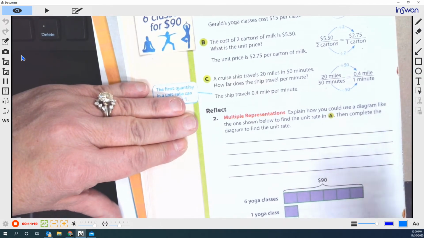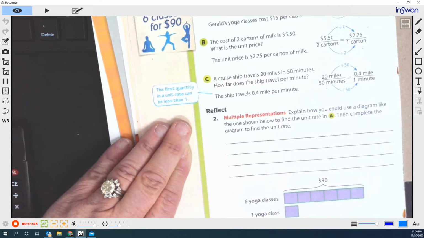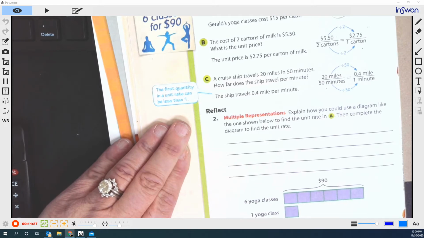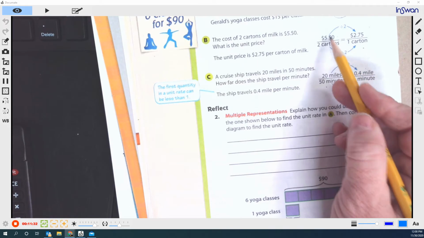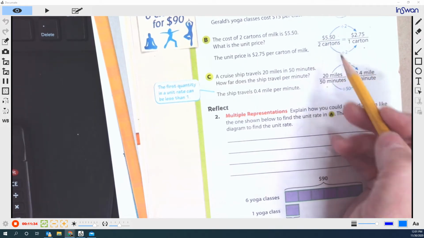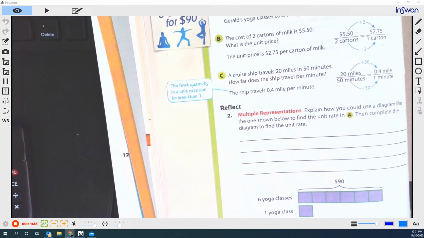So that's how you would set those up and work through those. And it doesn't really seem to be that difficult if you remember that whatever you do to the top, you're always going to do to the bottom. And that's what we have here.